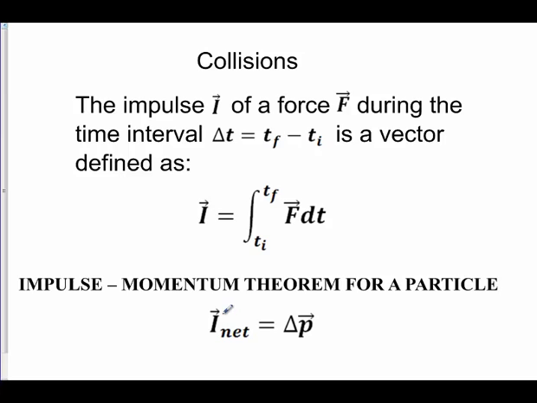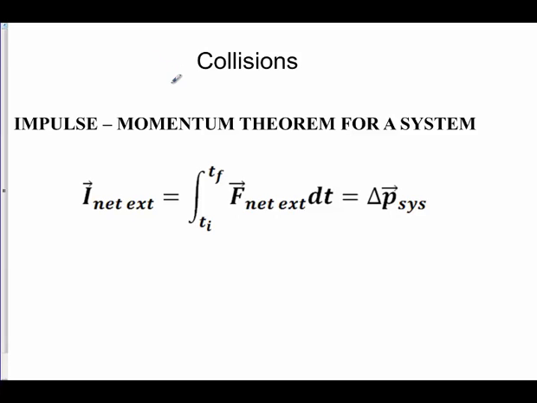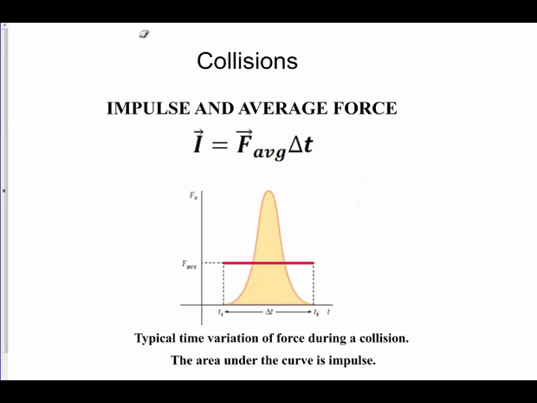And we can say that the net impulse is always the change in momentum. When we're talking about a system itself, the impulse-momentum theorem for a system says the net external impulse is the integral from t_i to t_f of net external force dt, or again, the change in momentum of the system.